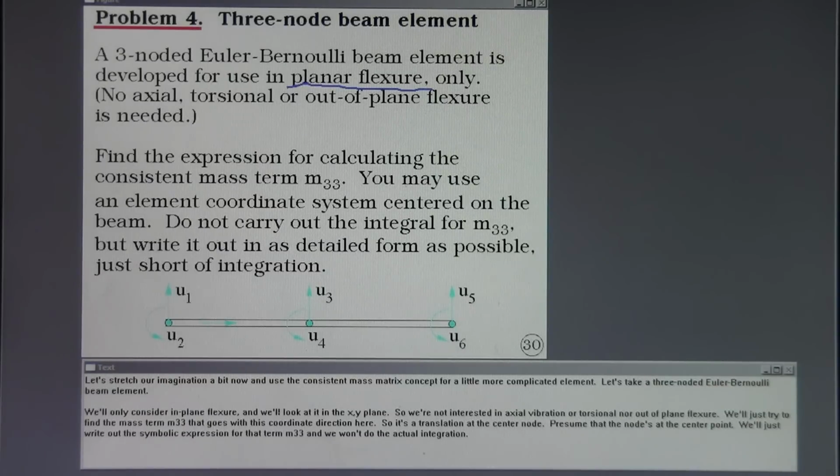We'll just try to find the mass term M33 that goes with this coordinate direction here. It's a translation at the center node, and presume the node's at the center point. We'll just write out the symbolic expression for that term M33, and we won't do the actual integration.